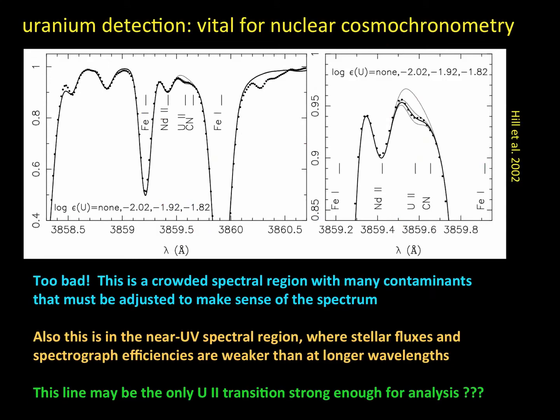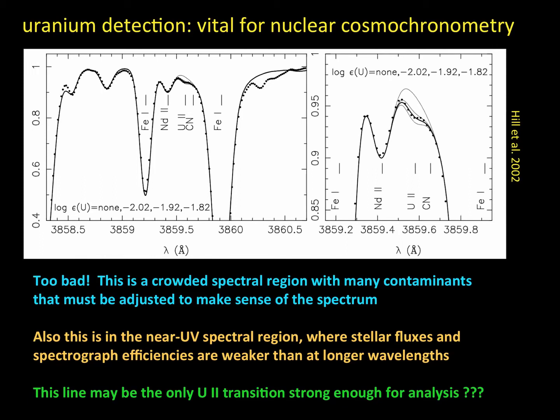Uranium, thorium. We were very excited when we discovered them, and you can discover the thorium transitions very easily in r-process-rich stars. That's relatively easy to do. The big excitement was when Vanessa Hill and her collaborators, Roger Cayrel, et cetera, discovered the single line of uranium that is accessible in metal-poor stars.